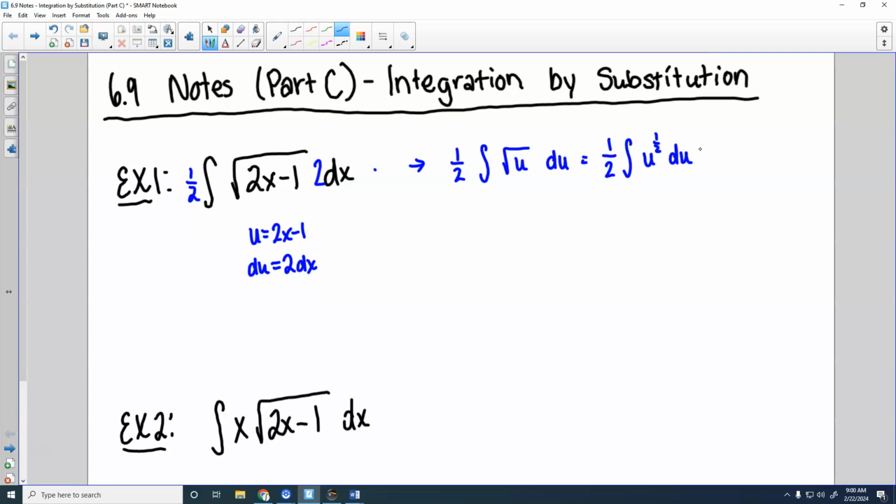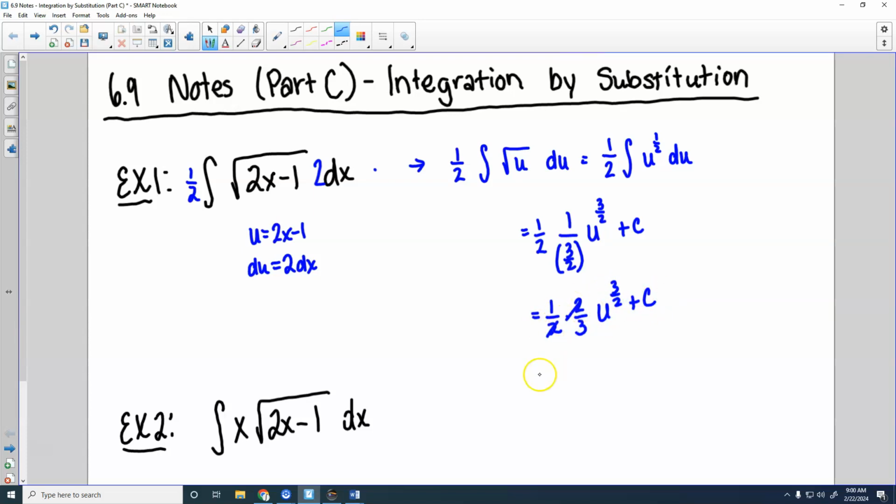All right, so now I've got to increase my exponent by 1, so it's going to give me 3/2. I'm going to divide out front by that new exponent, and I'm going to put a plus c over here, and I've got to have my 1/2, right? And so that ends up being 1/2 times 2/3 u to the 3/2 plus c.